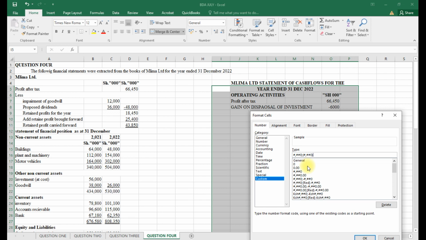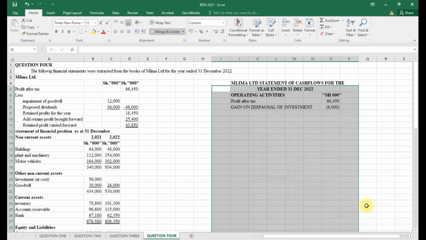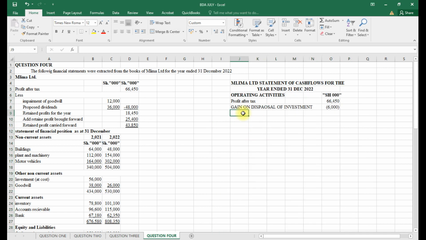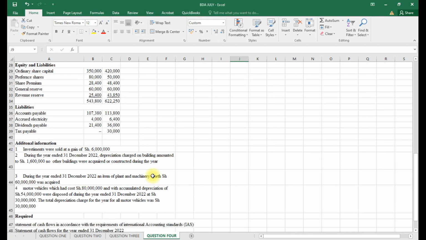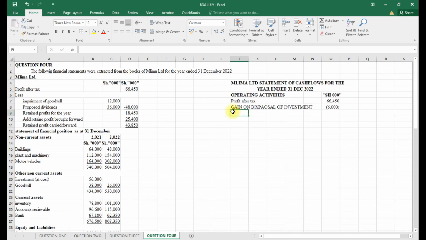Then the next thing we have been told: during the year, depreciation charged on building amounted to 16. So you have depreciation on building, which amounted to 16. That is a non-cash item.